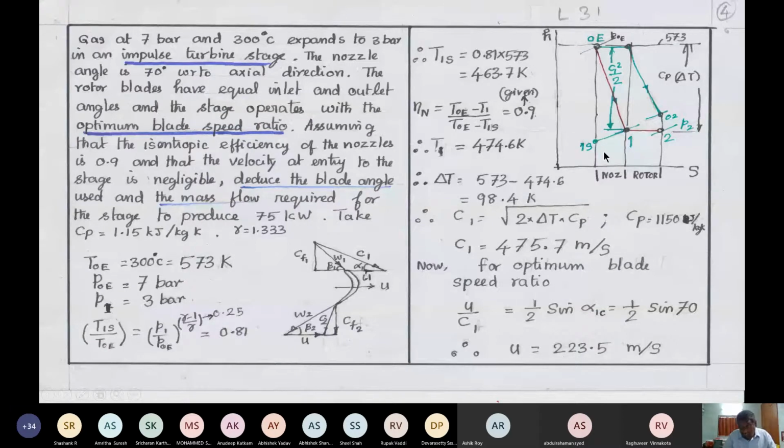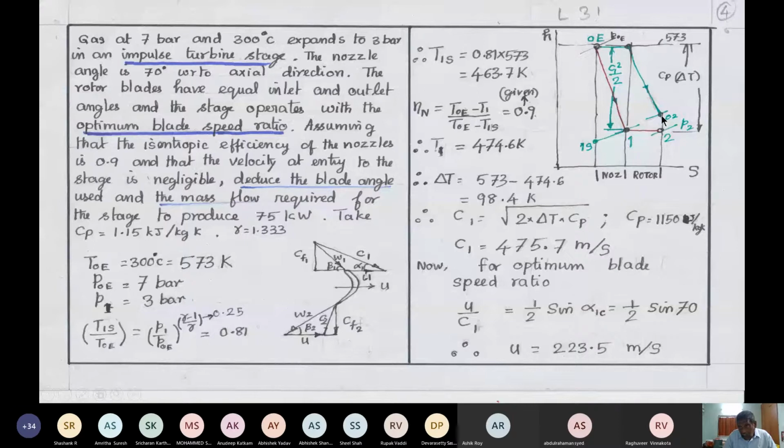But in thermal turbines, between 1 to 2, what I have shown here is essentially the static enthalpy remains constant. So if you use the definition, enthalpy drop in the rotor divided by enthalpy drop in the stage, I will get degree of reaction 0. But what I find is there is a small drop in pressure. If the pressure were constant, point 2 should have moved a little higher.